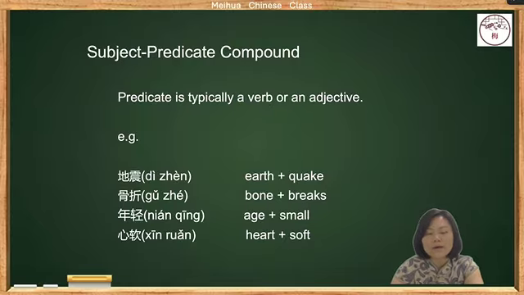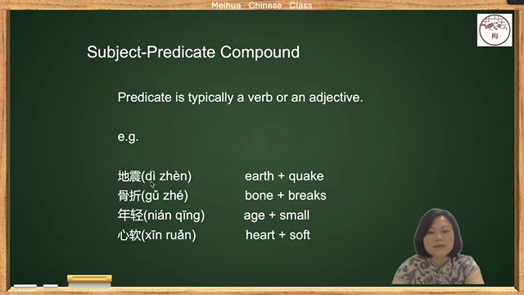And then an adjective cannot function as the predicate alone. It should be following the verb be, that means are. So that's the difference in the Chinese language. So let's look at some examples still.